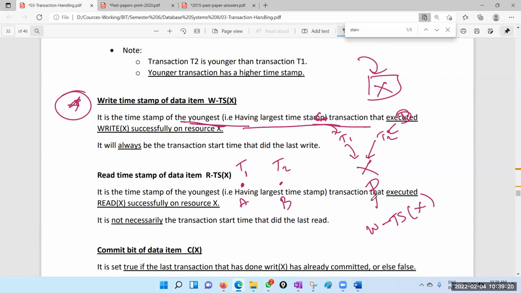That is the timestamp of the youngest transaction that has done the write operation. Both transaction 1 and 2 have done the write operation. The write timestamp of X is B.